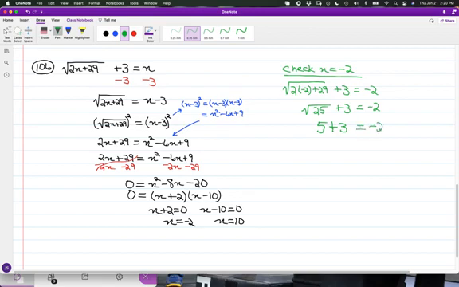Combining, on the left we have 5 plus 3, which is 8. And to the right I have n at negative 2. So plugging in n equal to negative 2, I'm trying to say ultimately that 8 is equal to negative 2 when it is not. So negative 2 is going to strike out.